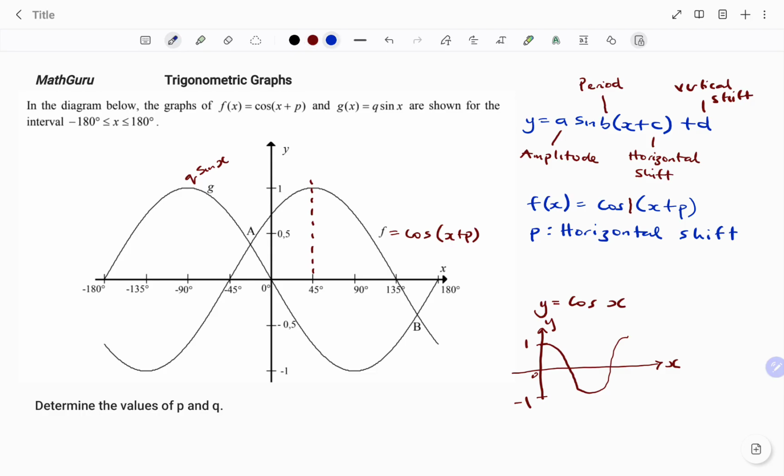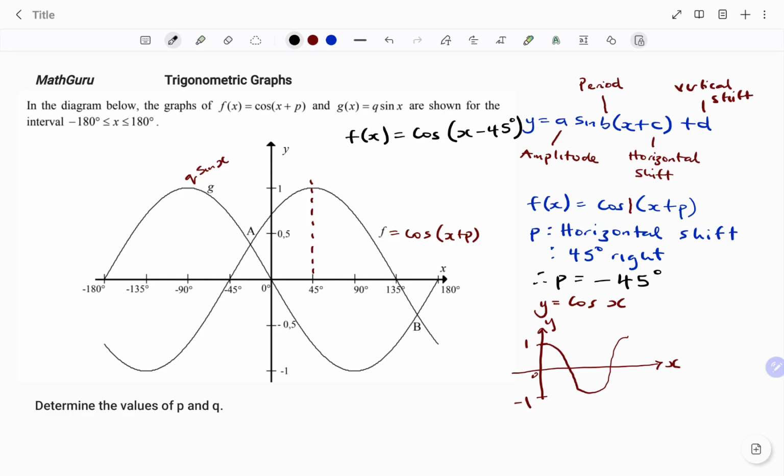And if I have a shift of 45 degrees right, what it means is that because it has shifted to the right, my p will be negative 45 degrees. So if I rewrite my equation, f of x will be equal to the cos of x minus 45 degrees.